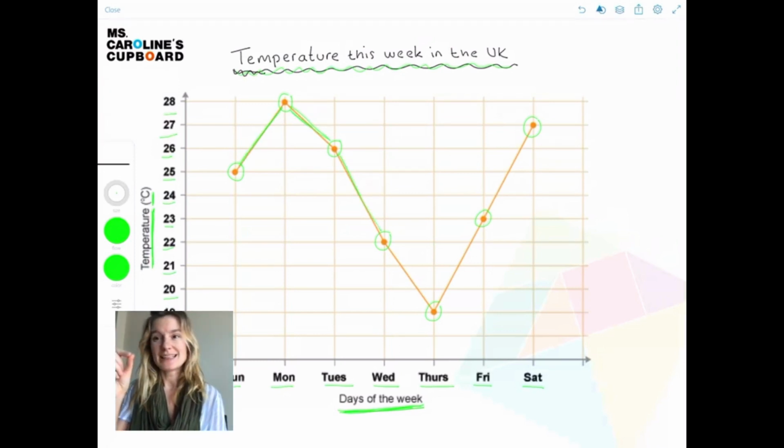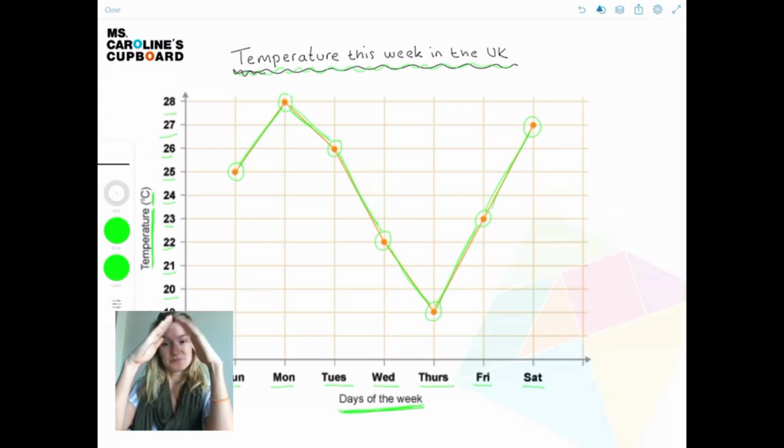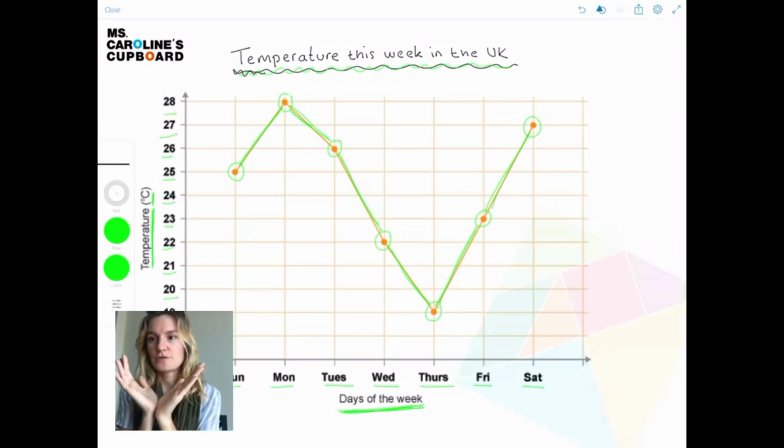Between Monday and Tuesday, there's a line. By adding these lines, it allows us to see that trend, to see a shape appearing, and that can help us to make predictions. It also allows us to really easily see what has happened with the data, when it was at the highest, when it was at the lowest, when it has those mountains, those peaks, and those troughs.